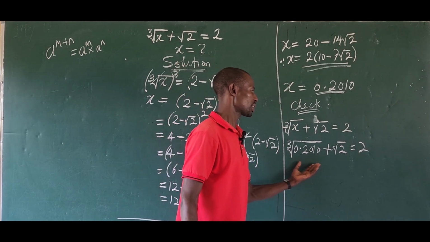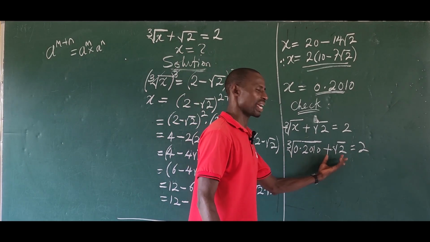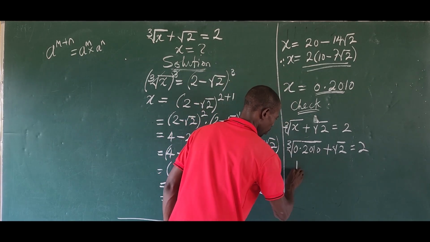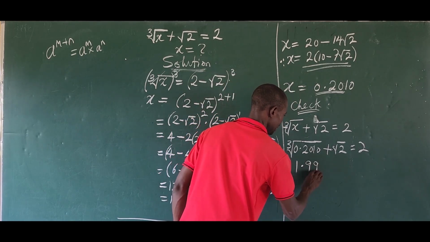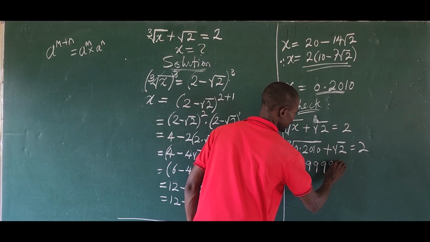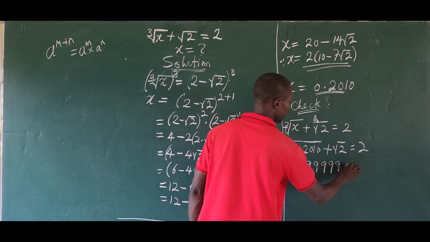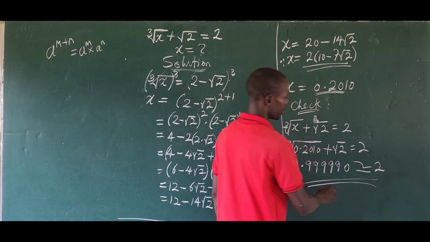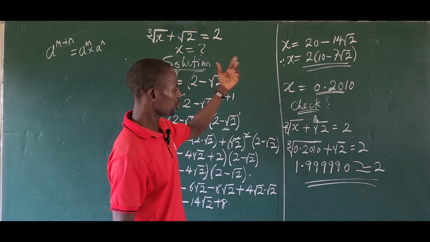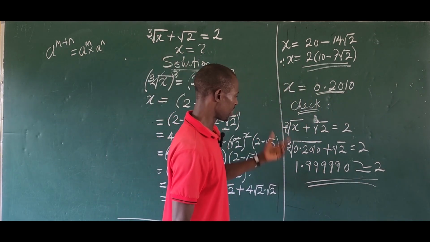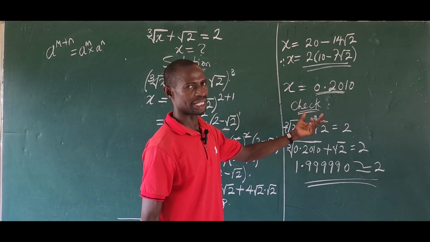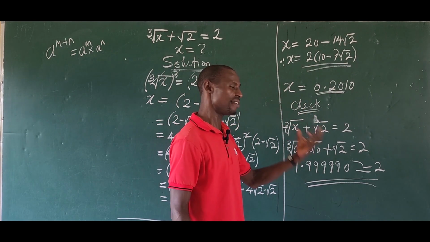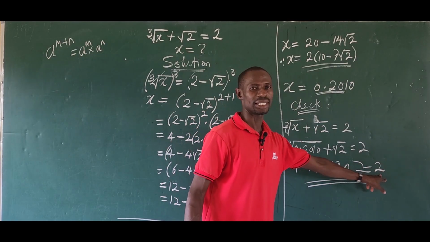Now, if you simplify everything we have in here, this is going to give you 1.9999990 and some other figure. This is approximately 2. So this is the answer, and it shows from this verification that this actually satisfies it, though it's not an exact value, very, very close to the answer.